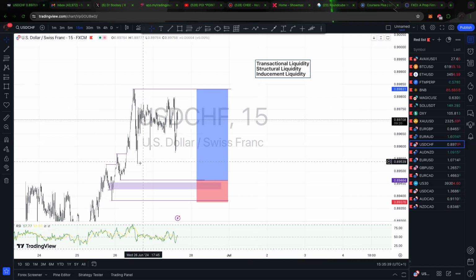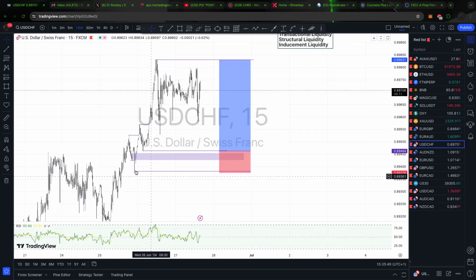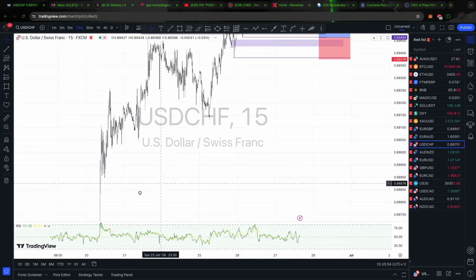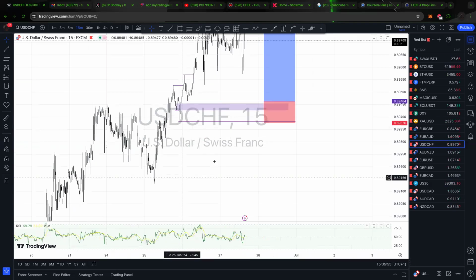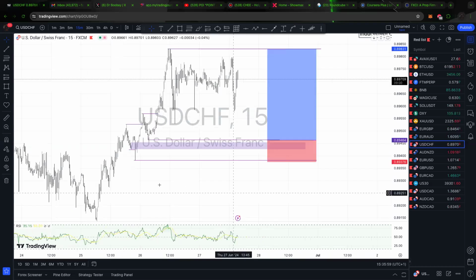Now, if there is no structural liquidity, your sweep low will be where price will come and take as its liquidity, right? So I would like to look for an example of this. It will still go in your direction, but it will come and sweep your lows first because there's no structural liquidity.